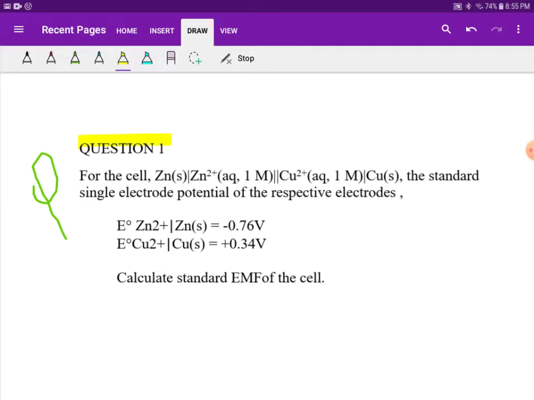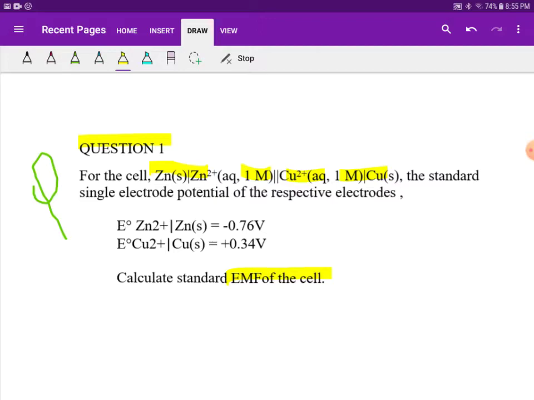Problem number 1, question number 1. You are asked to calculate the standard EMF of the Daniell cell consisting of zinc/zinc ion, 1 molar concentration, double vertical line, copper 2 plus 1 molar/copper.